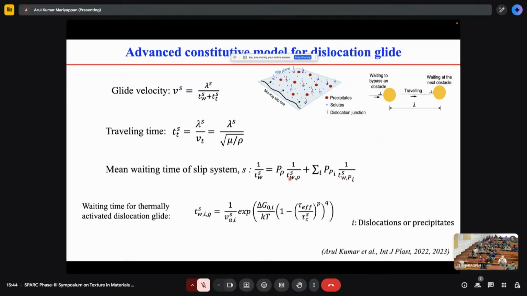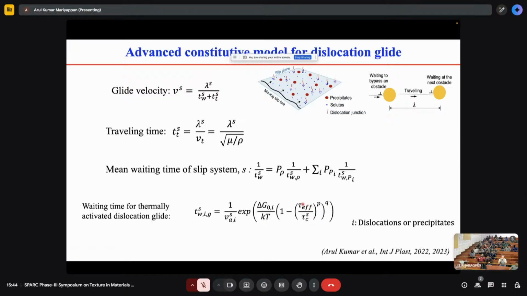Then in both terms, we have something called the waiting time for obstacles. For the waiting time, we are using a Kocks activation enthalpy law, which calculates the waiting time for any obstacle by knowing the attack frequency nu and the activation barrier delta G naught, that is the energy for the activation barrier, and kT, where k is the Boltzmann constant and T is the temperature. Importantly, we have two terms.